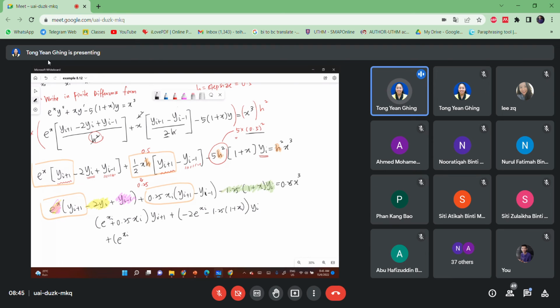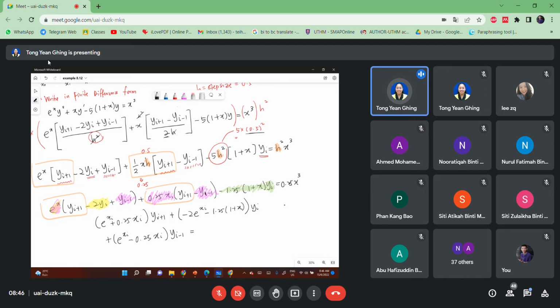Nanti kita ganti. And then here, this one is another one. After that, negative and with this one, negative 0.25 xi. So kat sini jadi negative 0.25 xi, yi minus 1.